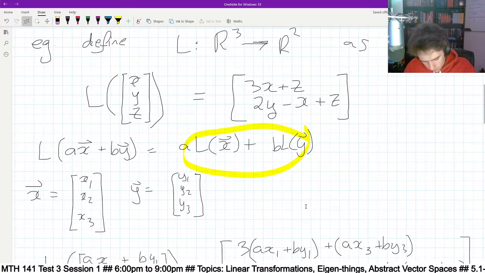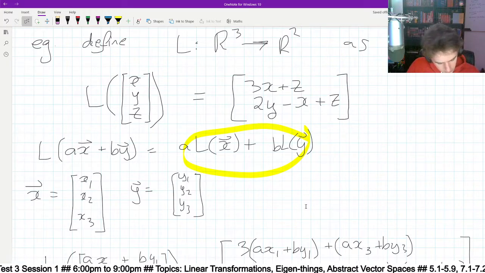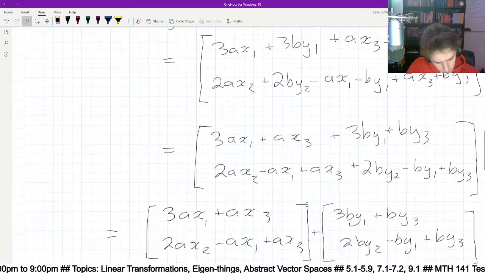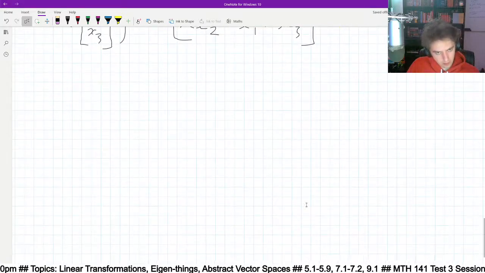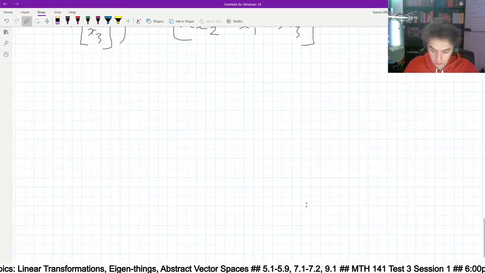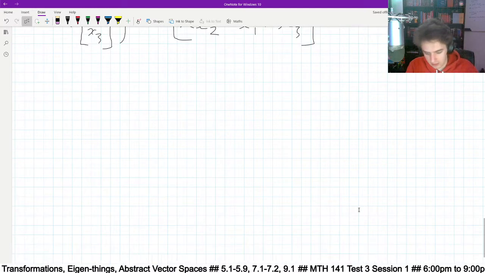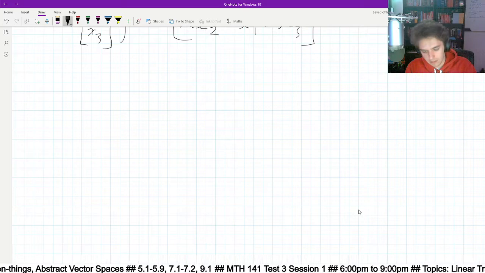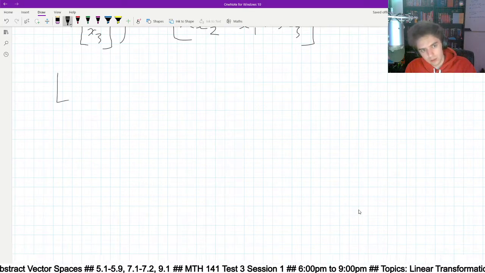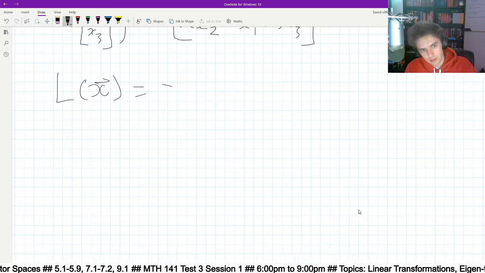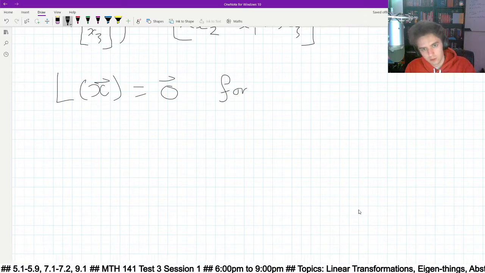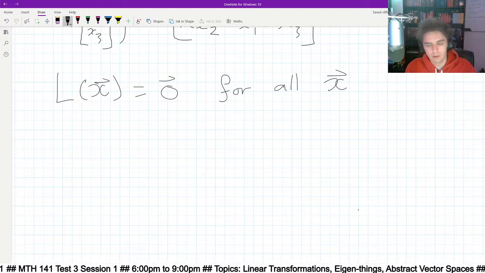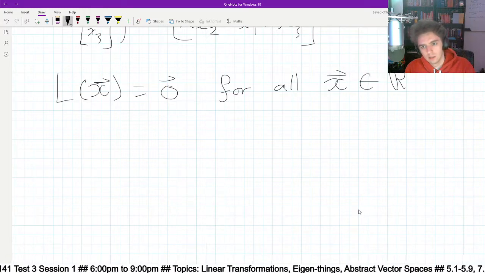Okay, so the only other thing from 5.1. I'm just going to go through the lecture notes, because I like that better, there are good examples mixed in. So the only other thing from 5.1 that I have is the zero transformation, which is just L of x equals the zero vector for all x in Rn.